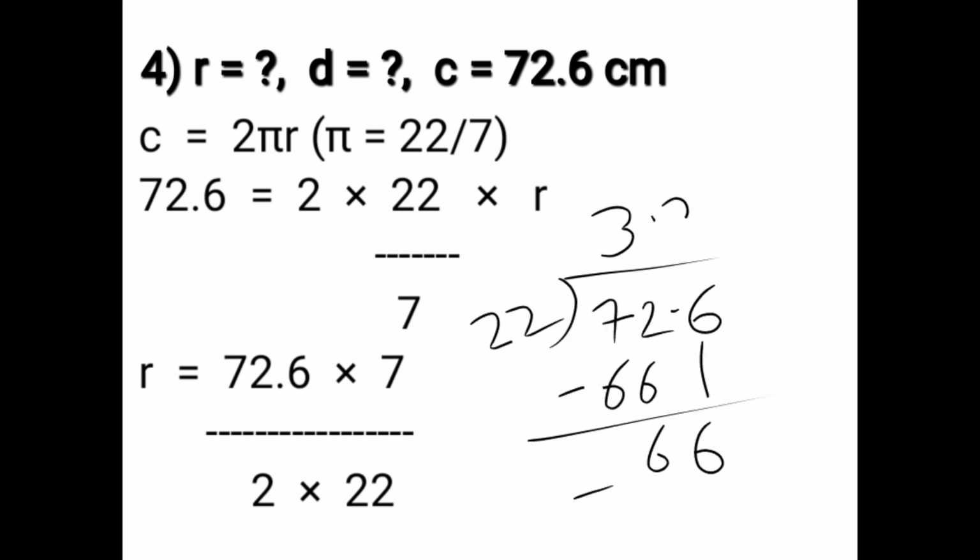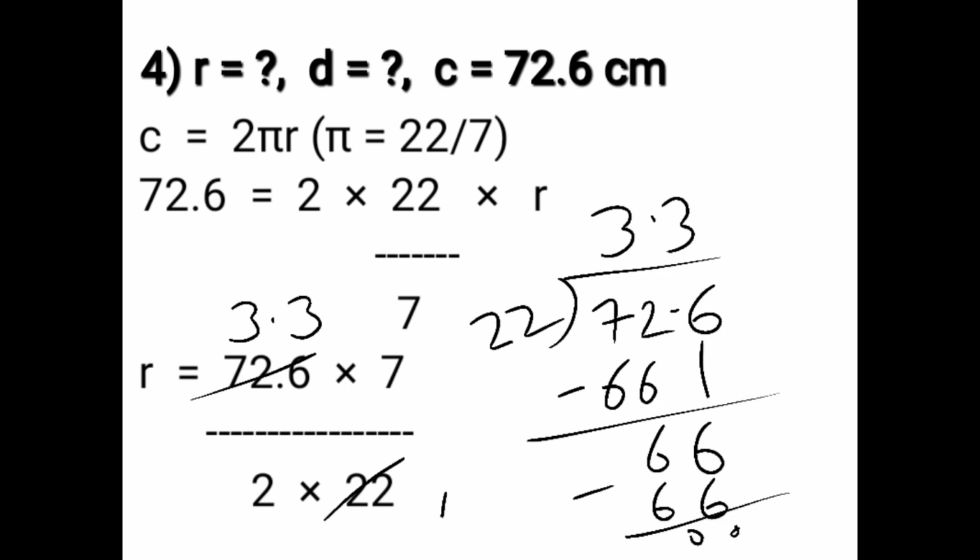22 threes are 66. The remainder is 0. So 22 ones are 22, and 3.3 is the quotient. Okay.